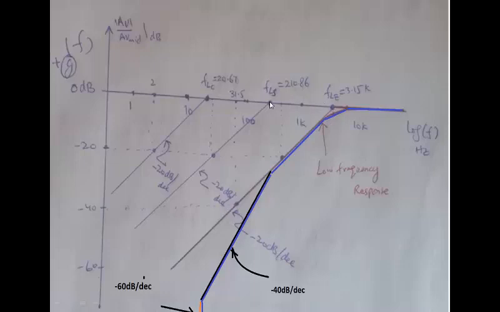Similarly, for this cutoff frequency, it would be at 0 dB for frequencies higher than this cutoff, and it would be decreasing at a constant rate of minus 20 dB per decade if frequencies decrease from this cutoff. And the same is the case for the third cutoff.